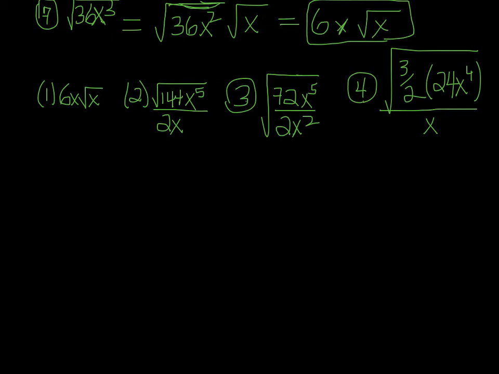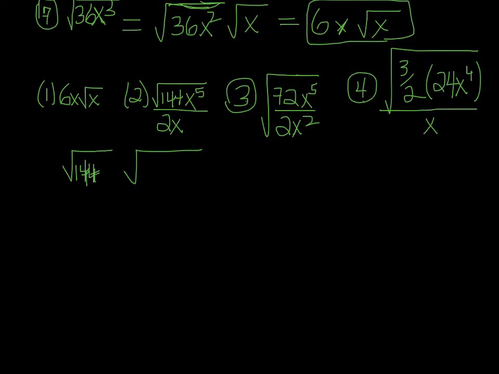All right, so let's look at choice 2. Let's do it this way. I'm going to break it up like I did in the original. So I'm going to make it 2 square roots. And I'm going to put 144 here.